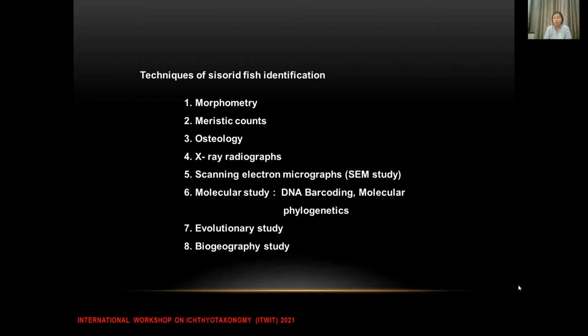Sometimes we need to leave out evolutionary, sometimes biogeography, but as of now, I think it will be best to include the molecular study, that is the barcoding and molecular phylogenetics. So this is how we can go for Sisorid fish identification.